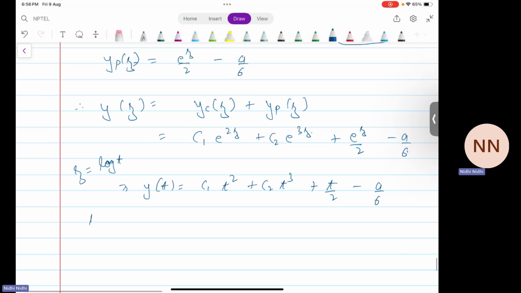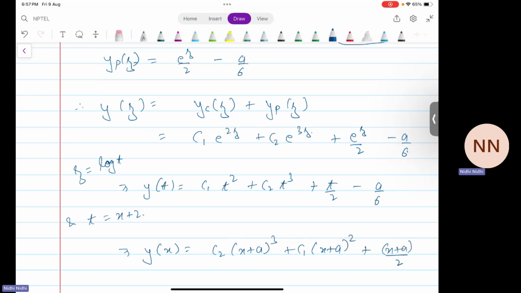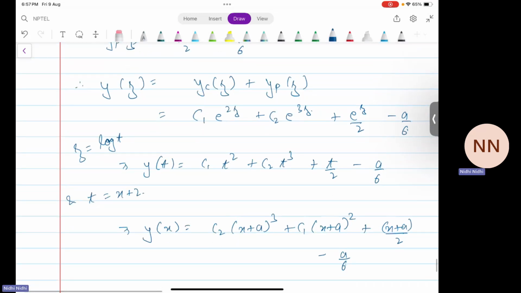And what was t? t was x plus a. So this gives us y(x) = C2 (x + a)³ + C1 (x + a)² + (x + a)/2 − a/6. This gives us the general solution.